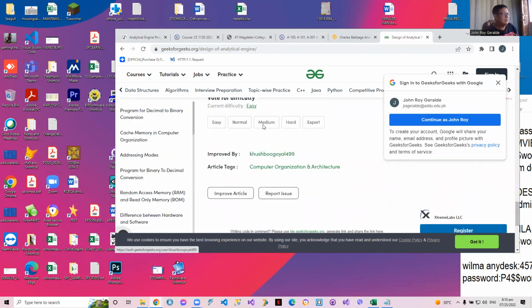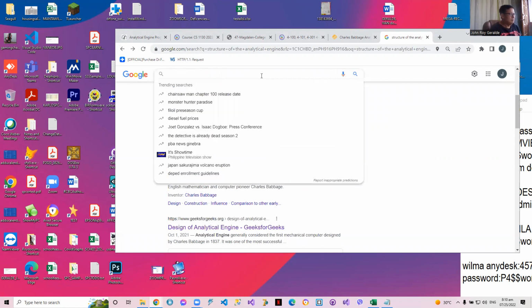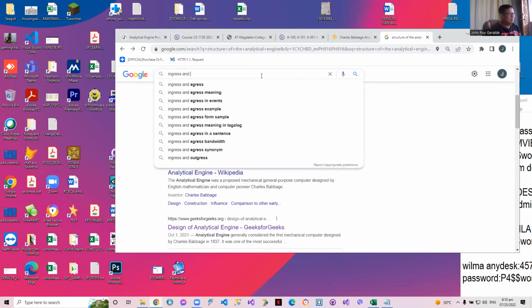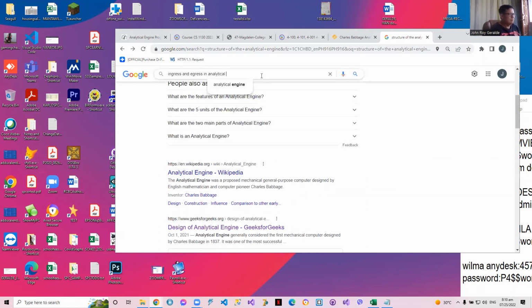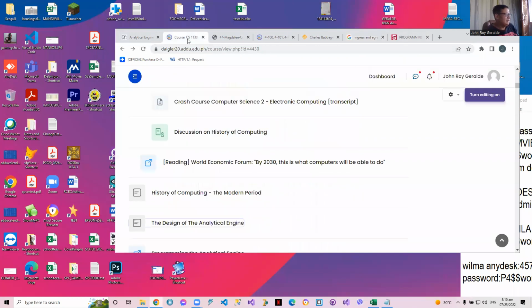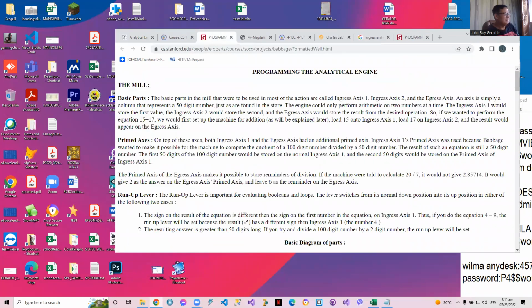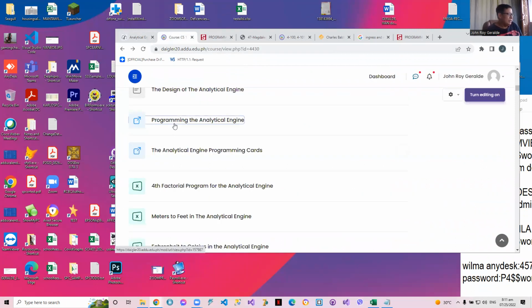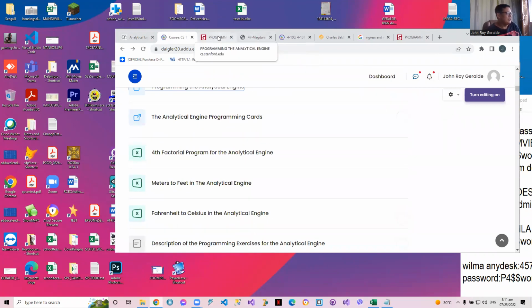Egress and ingress axis. I should have put this in. Programming the analytical engine, it's here by the way, in our course. It's called programming the analytical engine, and then we have here the analytical engine programming cards, before this.